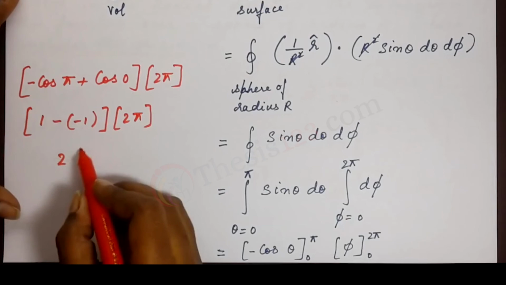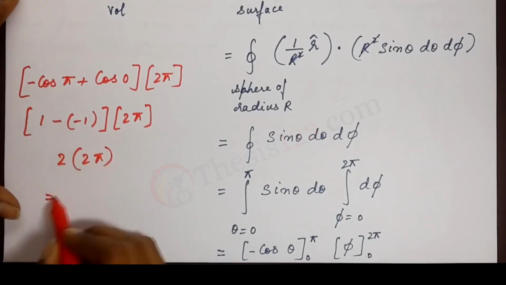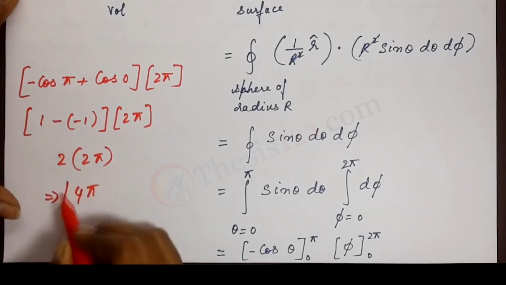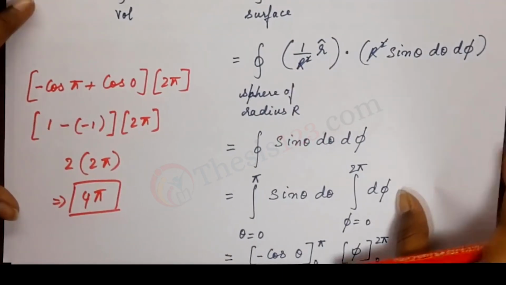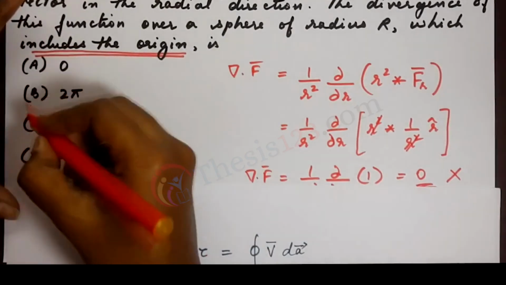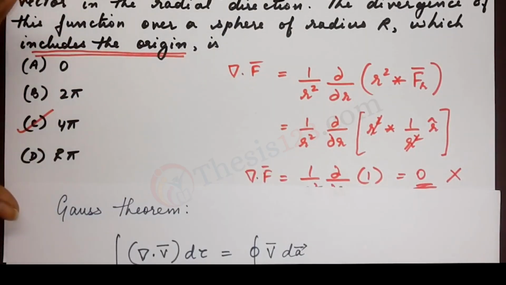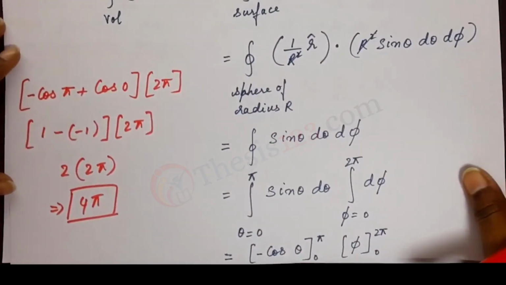And this is 2 into 2 pi, which gives us a value of 4 pi. So this is our final answer. Let's see which option it matches. It matches option C. So this is the final answer. I hope the solution is clear.